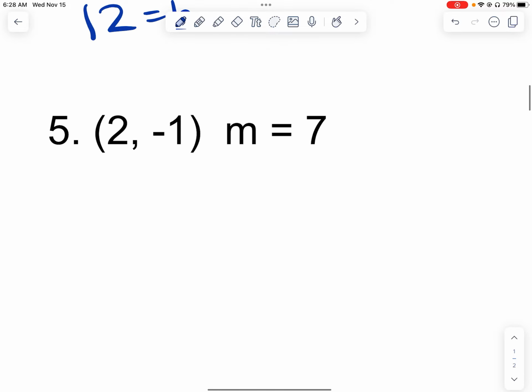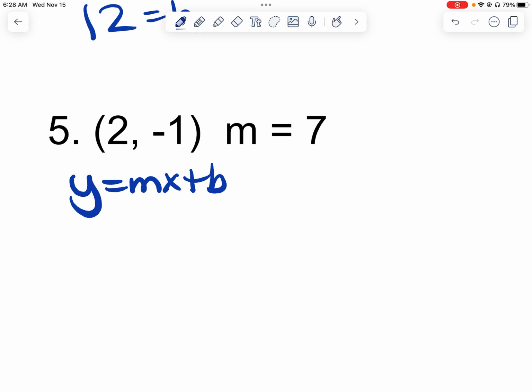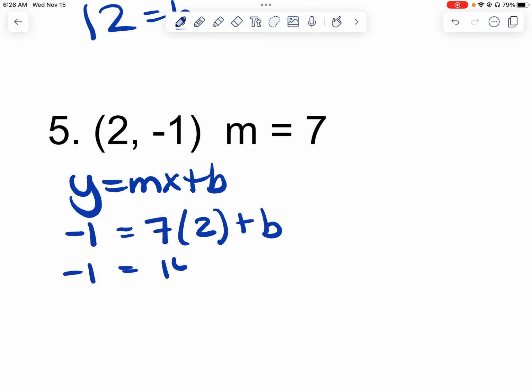This one, again, we're plugging it into y equals mx plus b. I replace the y with negative 1, the m with 7, the x with 2, plus b. Negative 1 equals 14 plus b. I subtract 14 from both sides. I get negative 15 equals b, and voila.